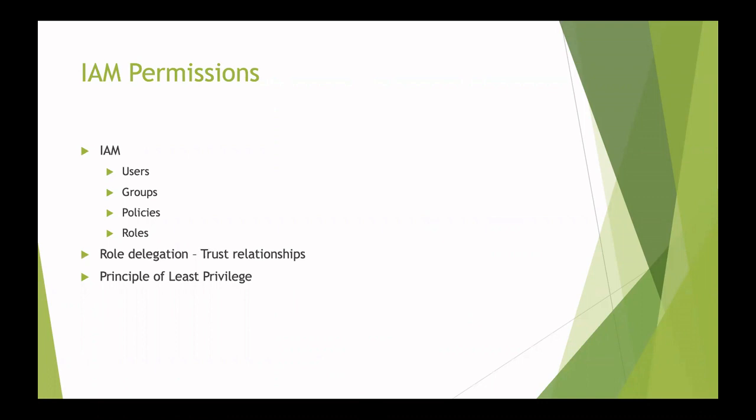And there is something called role delegation. You can allow somebody else to do things on your behalf. You delegate your role to somebody else. For instance, sometimes we do certain things in EC2 instances, in RDS instances as users, but sometimes we want EC2 instances to do the same on the RDS instances.